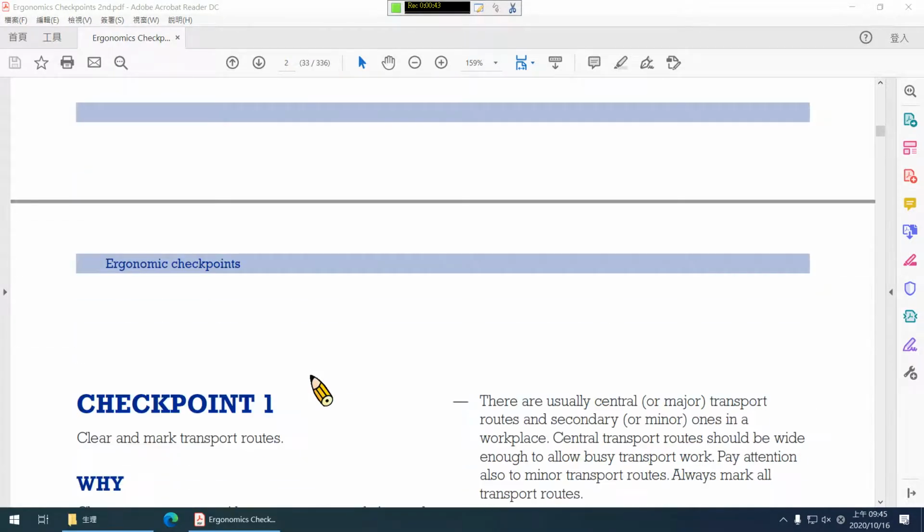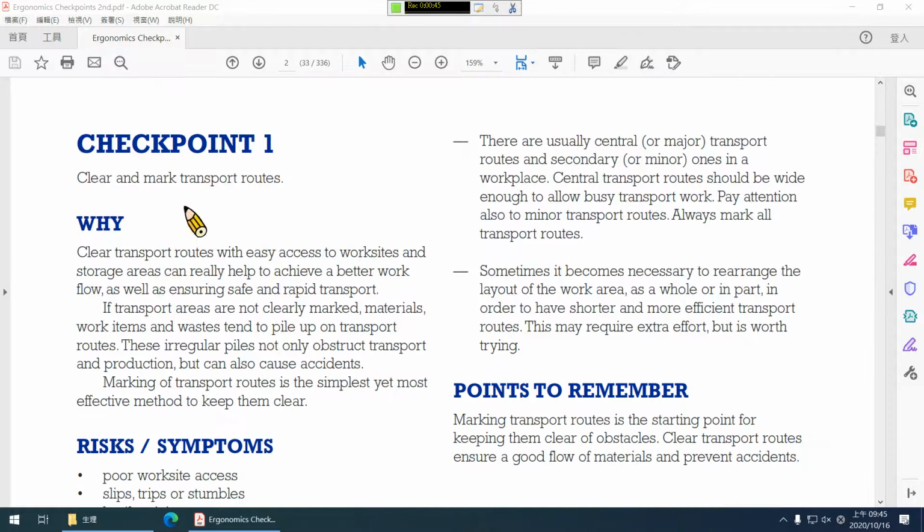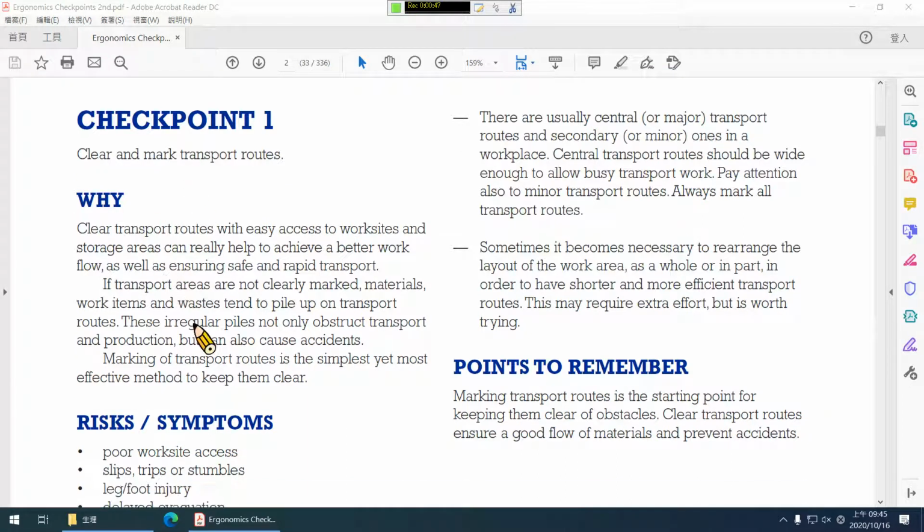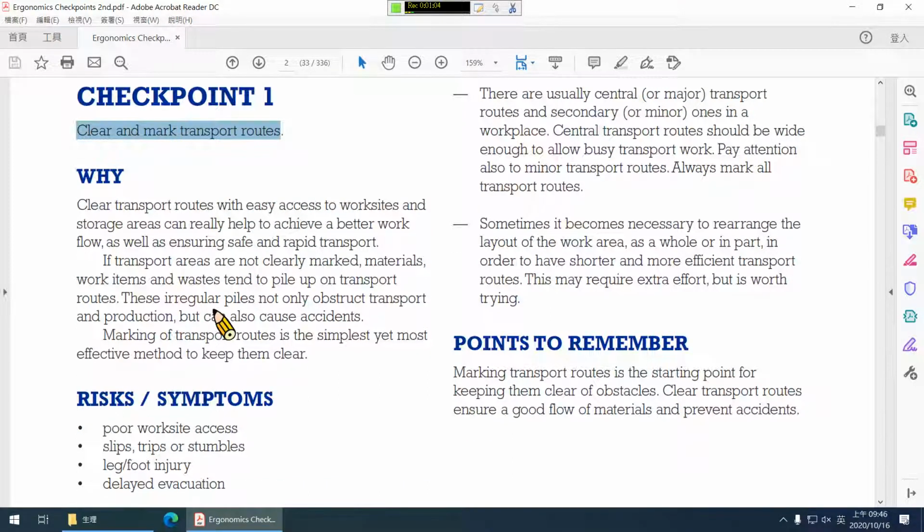In this first checkpoint, it says clear and mark transport routes. That's very common sense in our field, industrial engineering. But it tells us why.